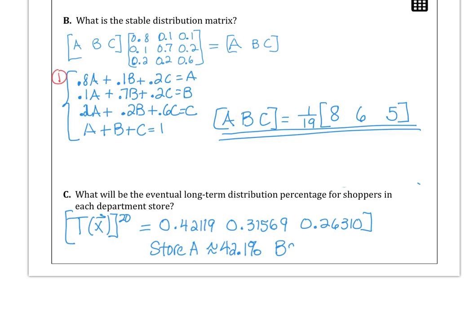Store B is going to be about 31.6%. And then store C is about 26.3%. So we have mastered Markov chains and transition matrices, and we are finished with the full year of AP Pre-Calc. Congratulations.